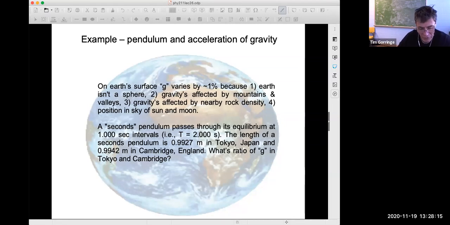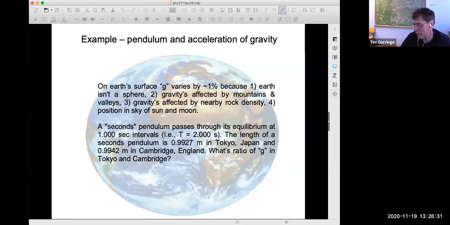And the acceleration of gravity on Earth's surface is kind of interesting. So we always say it's 9.8 meters per second squared. That's sort of true, but it's not exactly true because it does vary. It does vary on the scale of 1%.